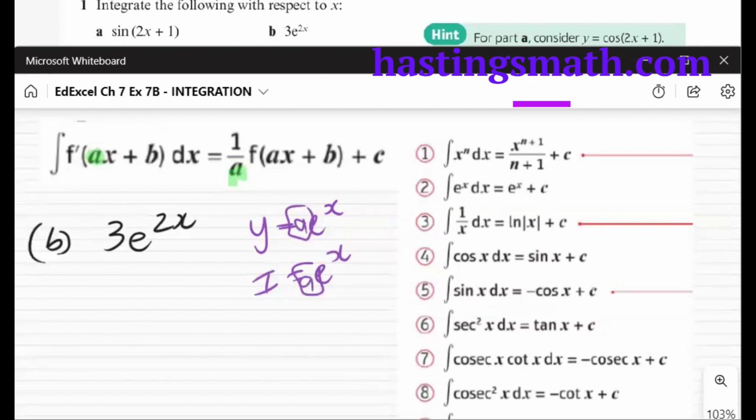The part that's new is this 2x, which is a function inside a function. So again, you have to divide by the first derivative of that 2x, which is just 2. So we end up with the integral being 3e^(2x), exactly the same, all over 2, plus c.